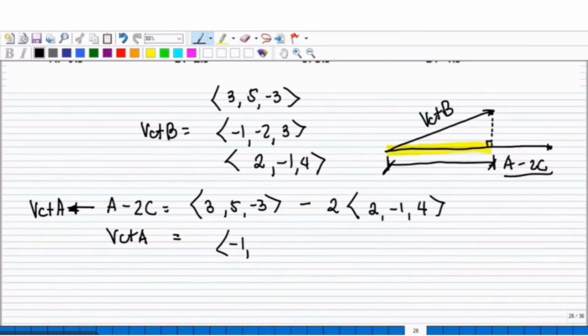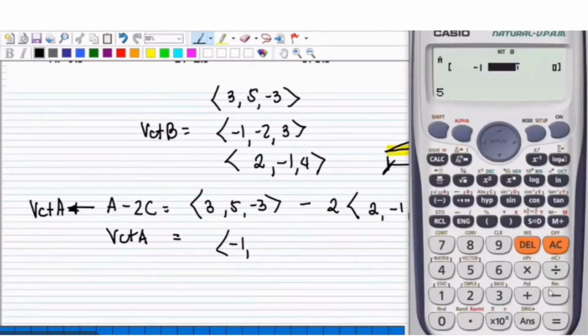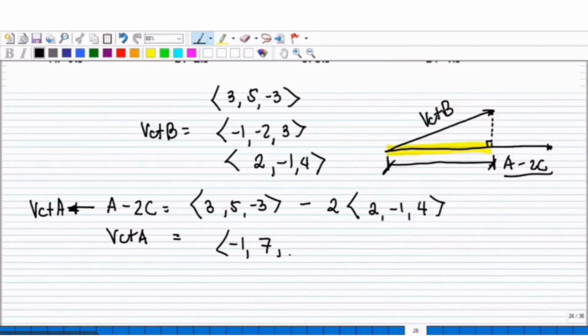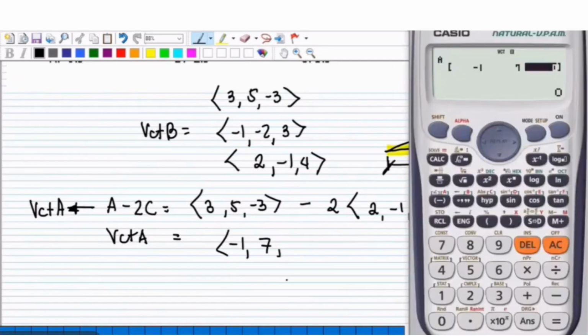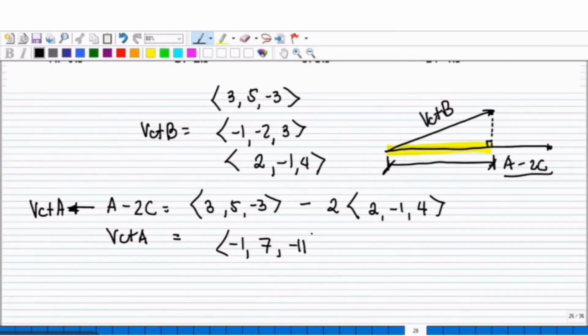The next, 5 minus 2 times negative 1. So, this is 7. Okay. Then, next is negative 3 minus 2 times 4. So, this is negative 11. So, ito po ngayon yung direction natin. Okay? So, vector A yan. So, this is your A minus 2C na.